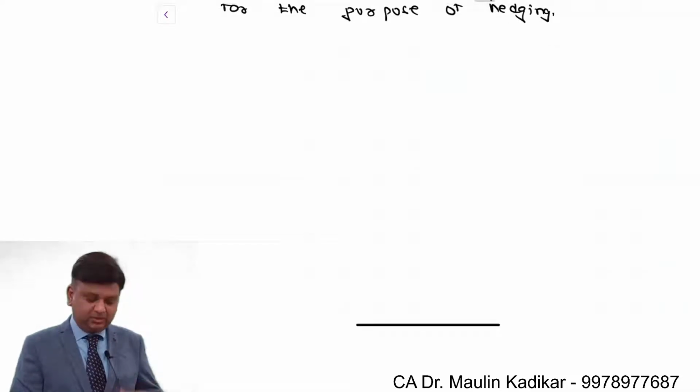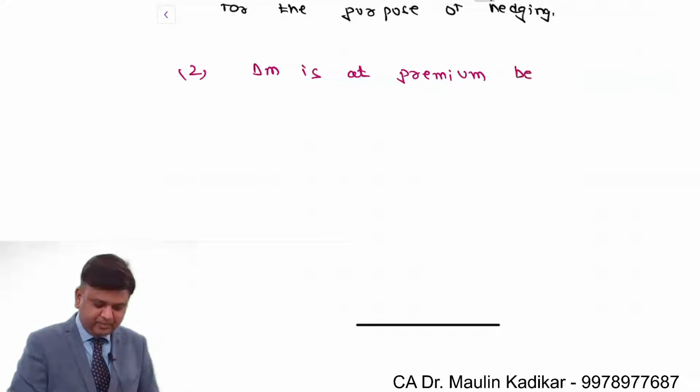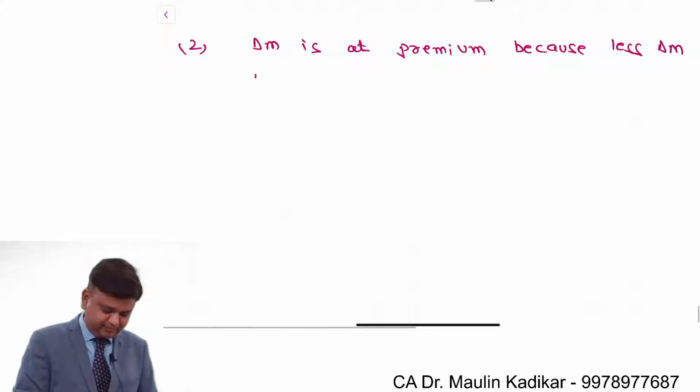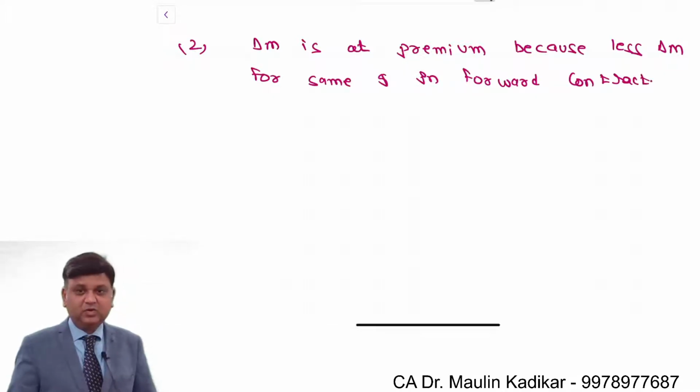Answer for the second question. Dutch mark is at premium because less Dutch mark is needed for the same dollar in the forward contract. Full stop.